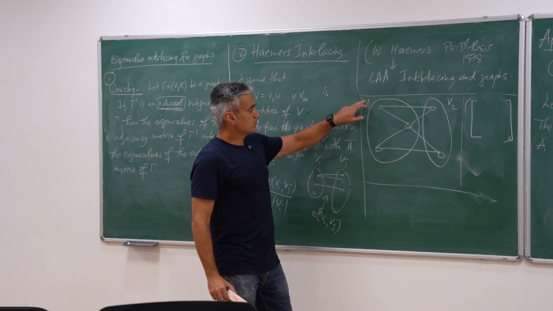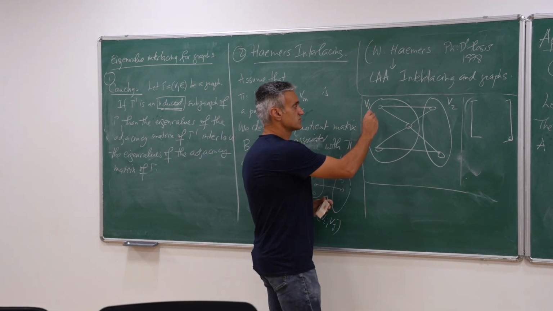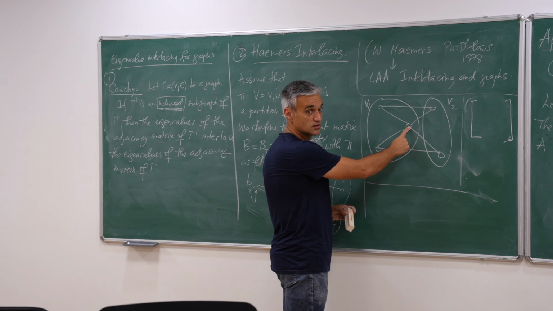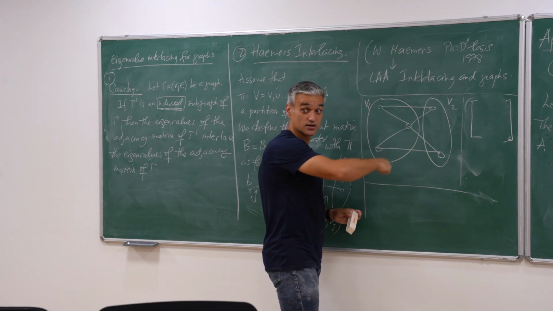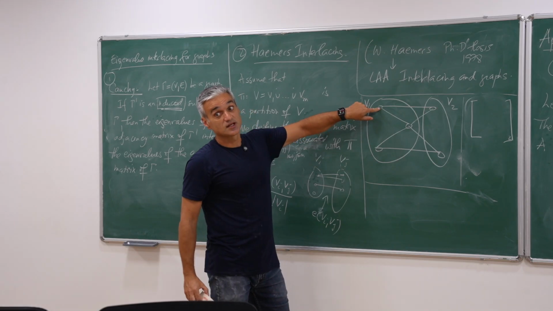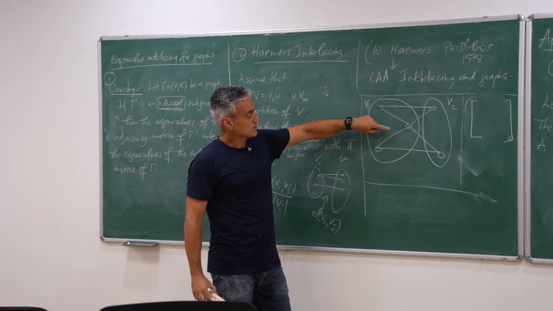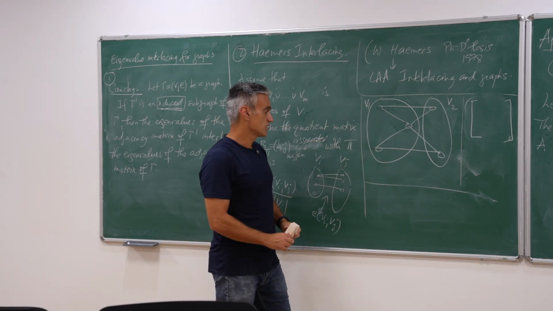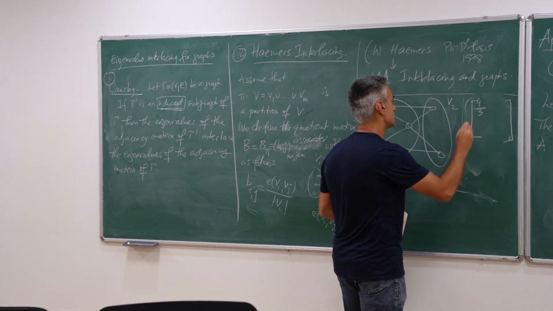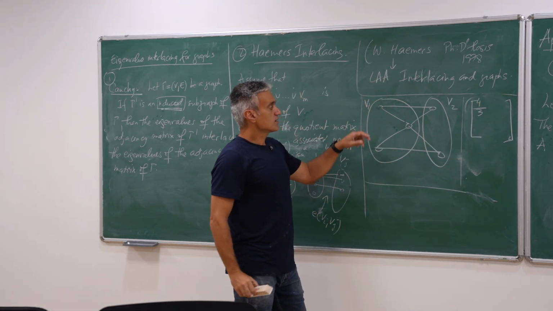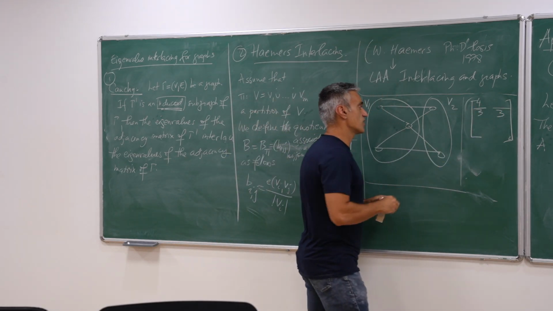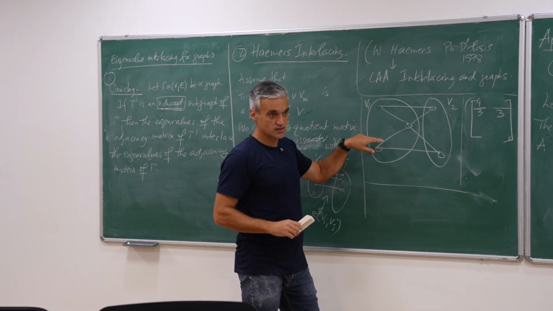So here, in V1, this vertex has degree 1, this has degree 1, and this has degree 2. So this is going to be 4/3, and you divide by 3 because you have 3 vertices in here.